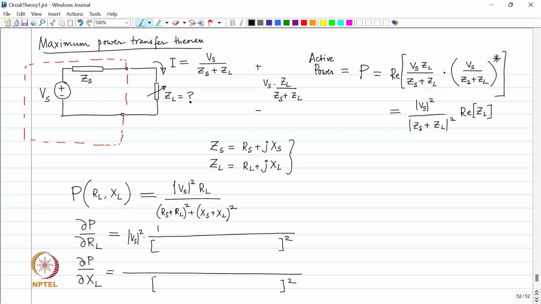So, I get R L into 2 times R s plus R L minus 1 into R s plus R L whole squared minus x s plus x L whole squared, and this whole thing is equal to 0.